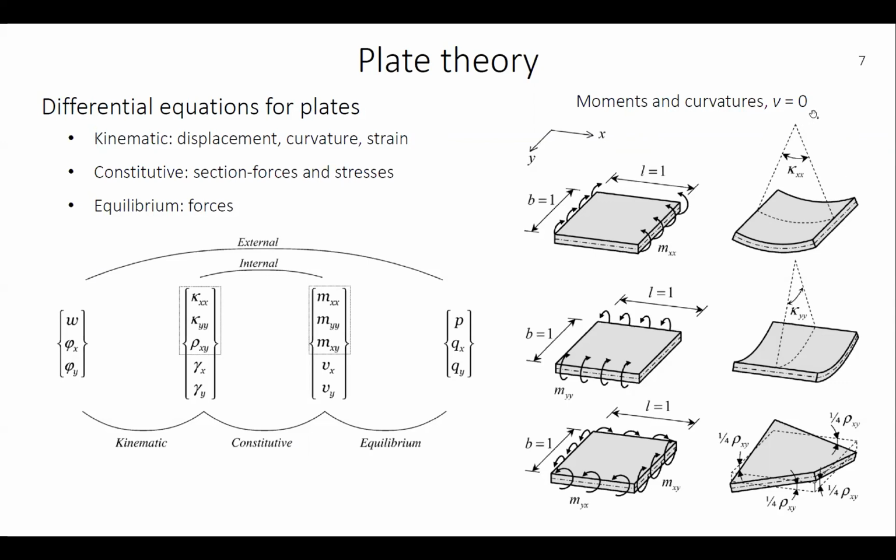In case we have non-zero values of the Poisson's ratio, you will have a transverse bending effect in the other direction, which you will study in part of exercise A. Similarly, in the other direction, you have a bending moment myy and curvature kappa yy. And finally, you have a twisting moment mxy, which causes this component rho xy. So these are the moments and curvatures.